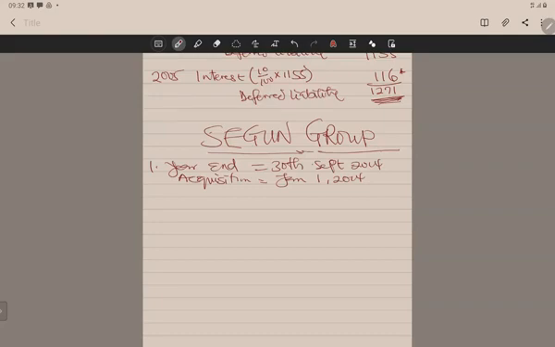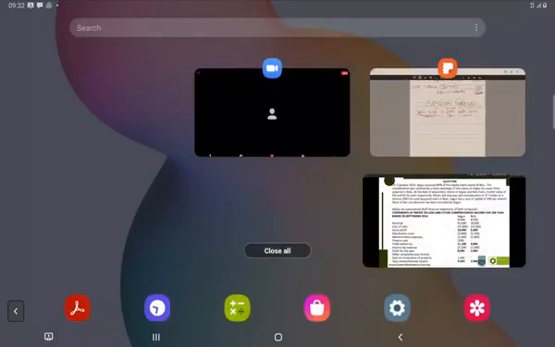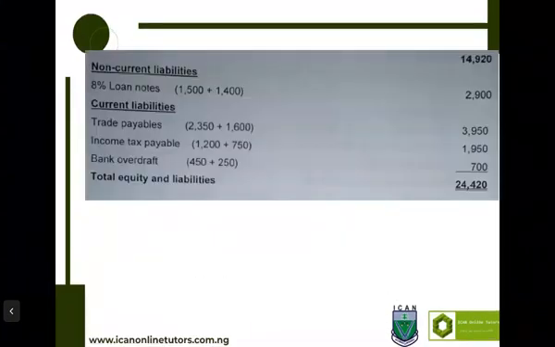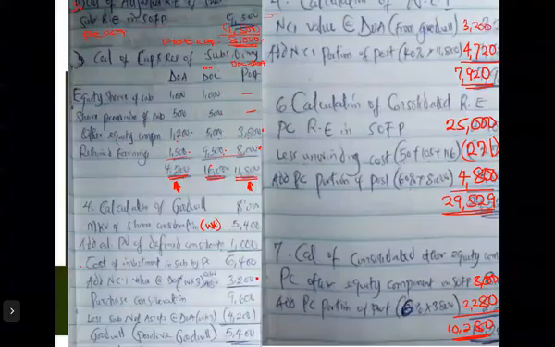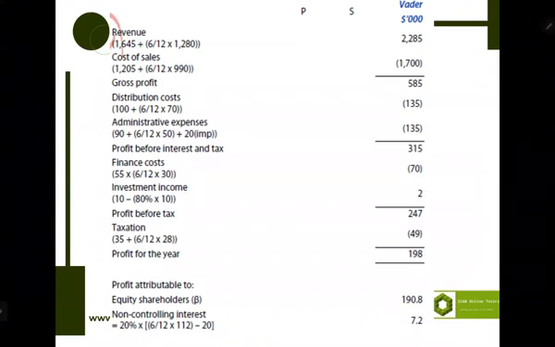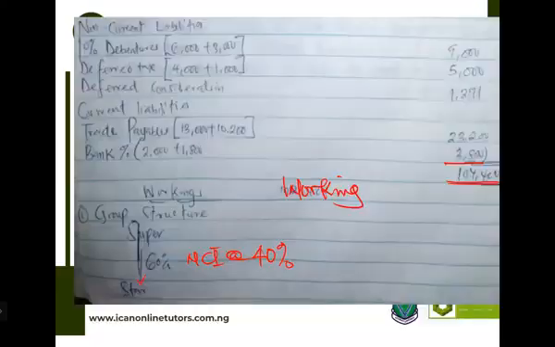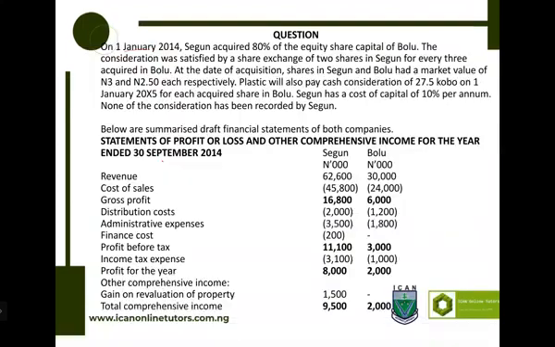We have just 9 months. If you remember in our last class where we did our mid-year acquisition, I told us that we have to divide it by the number of months in the year. The one we looked at last time was acquired in July, so we divided it by 12. This one is acquired from January to September. How many months? That is 9 months. So you have to multiply by 9/12.